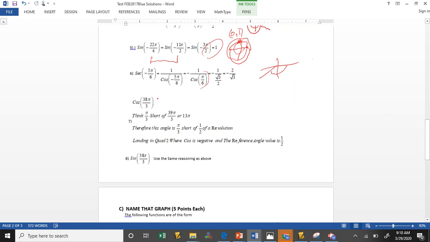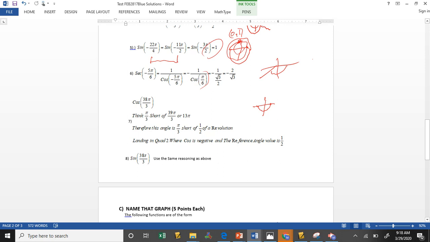And let's see, cosine of 38 pi over 3. I've outlined this one for you. Think pi over 3 short of 39 pi over 3, which is pi over 3 short of 13 pi over 3, which is, okay, 12 pi puts you around here 6 times, and then ultimately ends you up here.